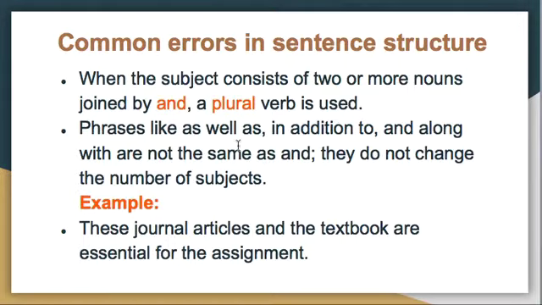So you need to focus on that when the subject consists of two or more nouns joined by and, always a plural verb is used. Like there are two nouns, journal articles and the textbook. So always a plural verb is used.